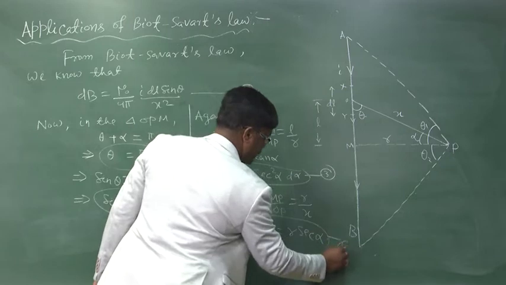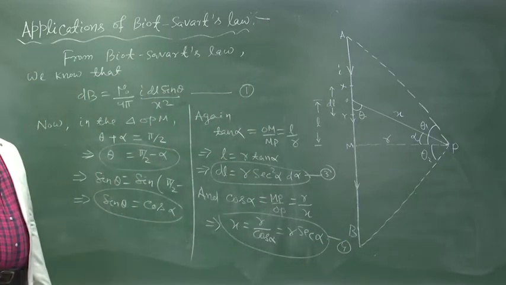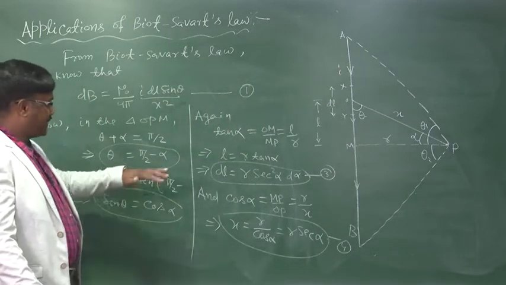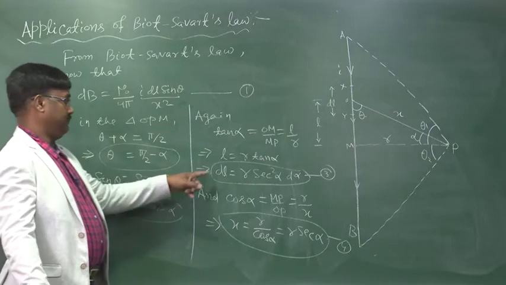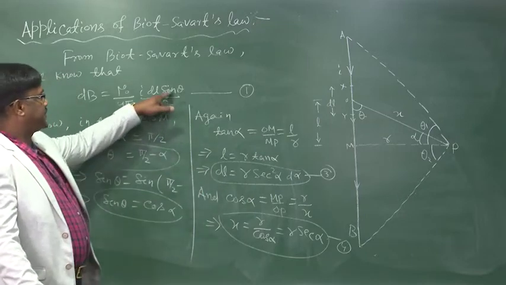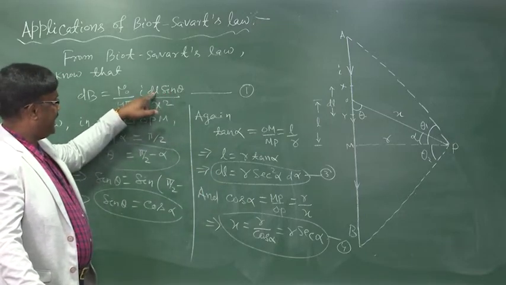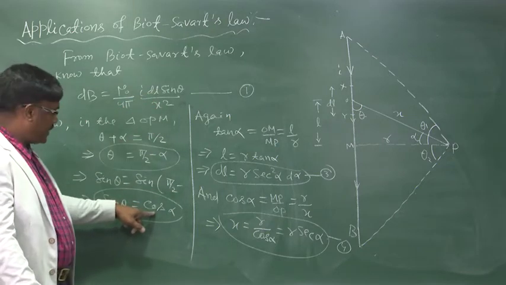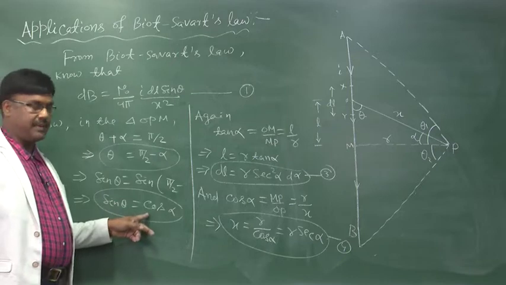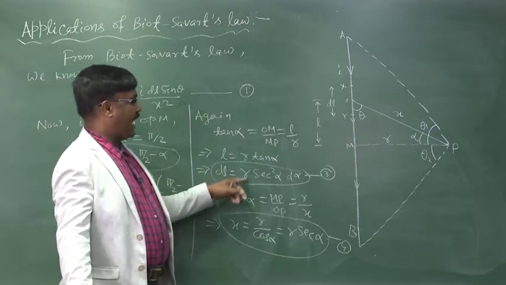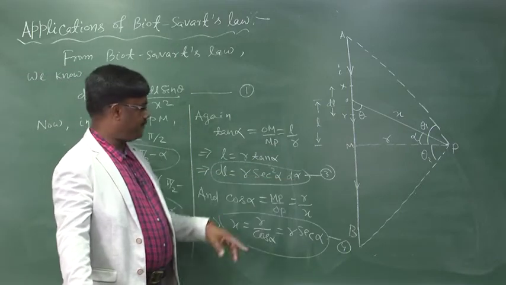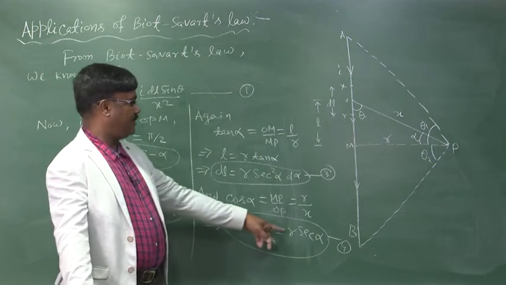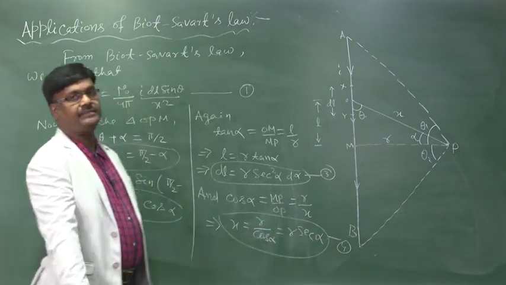This is equation 4. Here we have converted the values of sin theta, dl and x in terms of alpha, because sin theta is equal to cos alpha, dl is equal to R sec square alpha d alpha, and x equals R sec alpha.